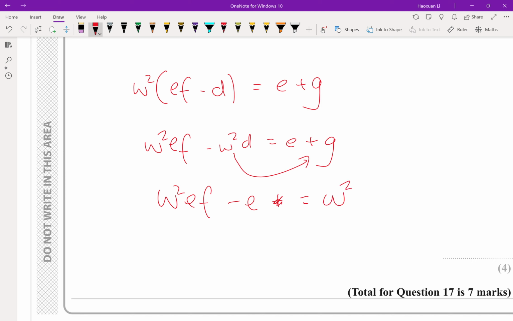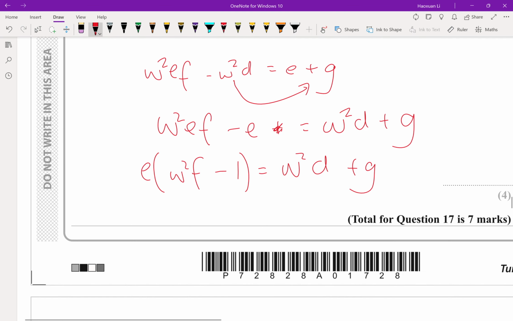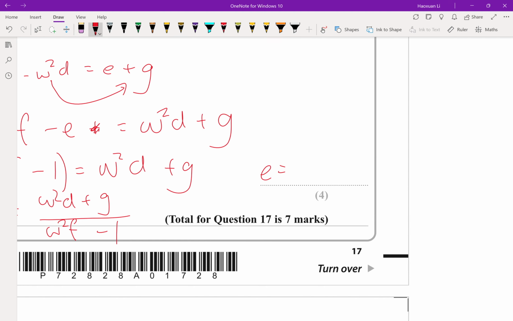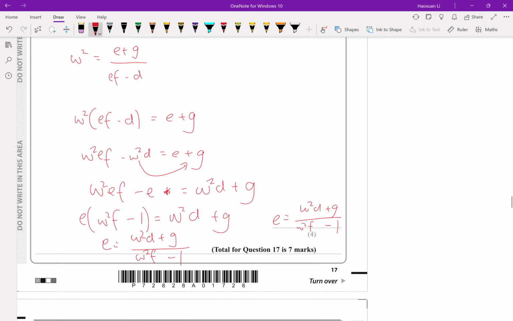So that will be W squared D plus G. So factorizing E out of both sides will be E, and this equal to W squared D plus G. So therefore E equal to W squared D plus G over W squared F minus 1.